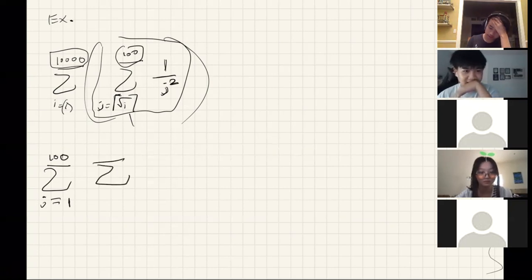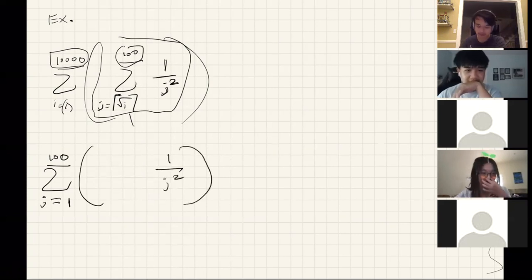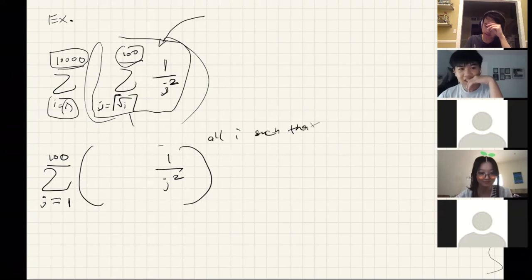And then for each j, you're going to sum 1 over j squared a certain number of times. So how many times are you going to sum 1 over j squared? The answer is how many integers I does j appear in the sum in, right? So the answer is going to be all I such that this quantity in terms of I is going to be less than or equal to j.